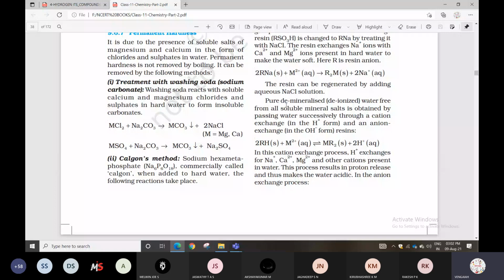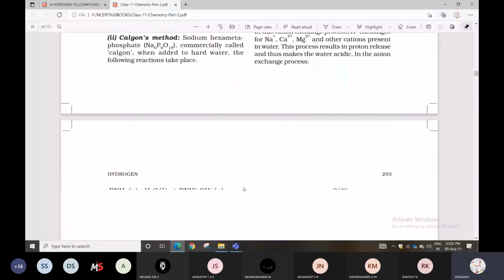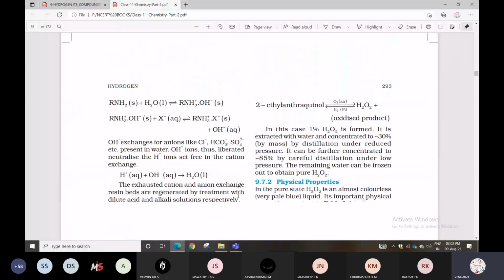So here we have two methods. One is cation exchange, the next one is anion exchange. In anion exchange, OH minus ions exchange for anions like fluorides, sulfates, bicarbonates, etc. present in water.